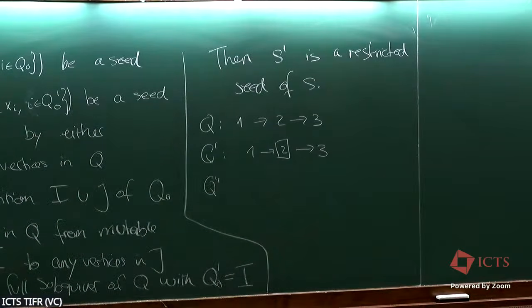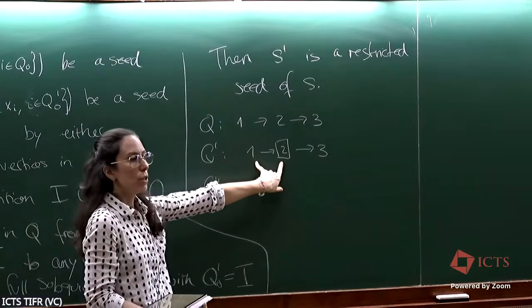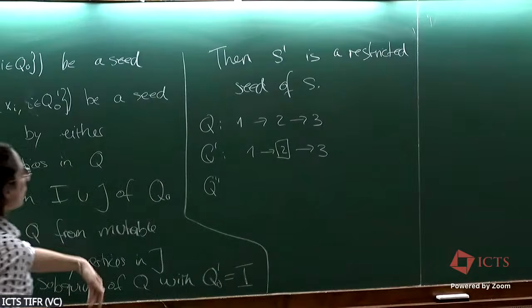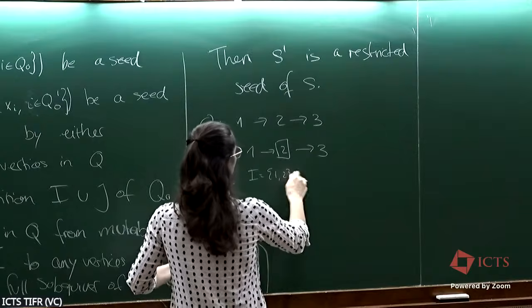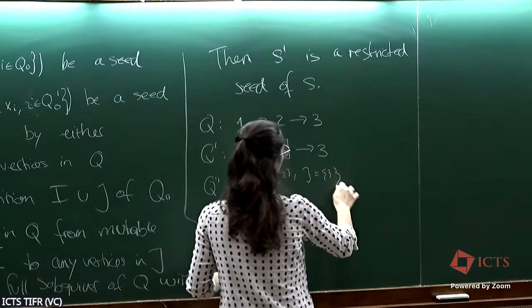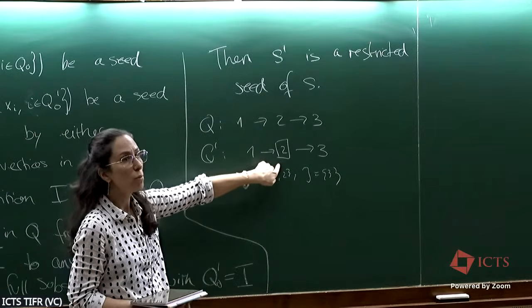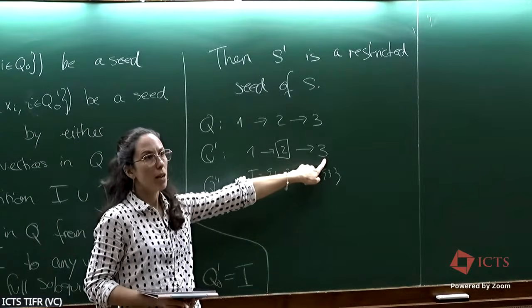And then when I'm at Q prime, I have a frozen vertex in the middle, so I can also do a partitioning that would satisfy this definition. And that could be, for example, just sticking with the vertices 1 and 2. So let's check: I is 1 and 2, and J is just 3. Then in Q prime, I don't have any arrows from mutable vertices in I, namely 1, to any vertex in J, namely 3.